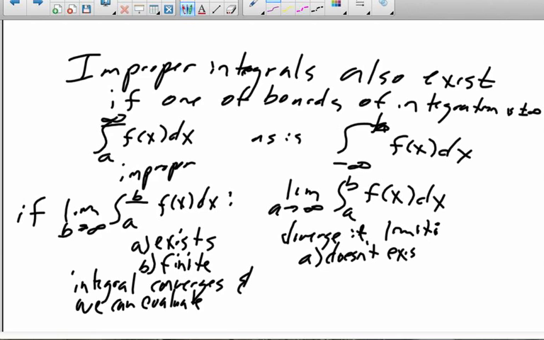In other words, it's different from both directions, or b is infinite. And in that case, it diverges, and we cannot evaluate, at least using the calculus techniques that we've developed so far. There are other ways of handling it, but they're sort of beyond the scope of this course. As a matter of fact, it's graduate level math.